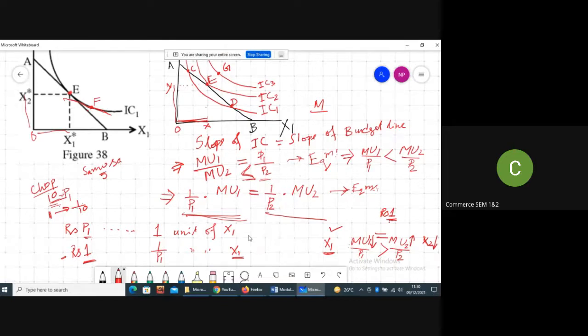So a rational consumer will decrease consumption of X1 and increase consumption of X2. সুতরাং the consumer will move in this direction back to point E. সুতরাং X1 এর কনজাম্পশনটা কমবে, X2 এর কনজাম্পশনটা বাড়বে। বোঝা গেল?